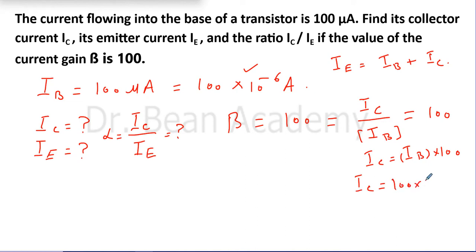So 100 multiplied by 10 to the power negative 6 ampere, multiplied by 100, and my calculator tells me that this value is 0.01 ampere. So I found the value of IC.